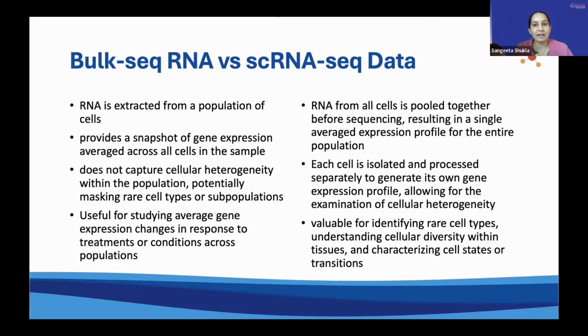And that's why single-cell RNA-seq analysis methods are very useful in identifying rare cell types, understanding what kind of diversity happens within tissues, and characterizing the different cell states and transitions in healthy versus non-healthy conditions, or where a patient or a system is undergoing drug treatment or any sort of external interference, and understanding what characteristic changes those treatments may introduce into the gene expression profiles. That's what we study from single-cell RNA-seq.